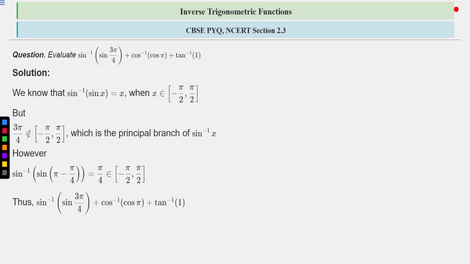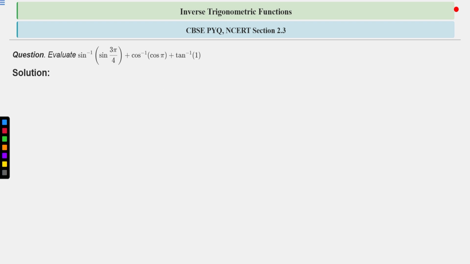Thus sine inverse sine 3 pi by 4 plus cos inverse cos pi plus tan inverse 1 can be written as sine inverse sine of pi minus pi by 4, plus pi plus pi by 4, because cos inverse cos pi is equal to pi and tan inverse 1 is equal to pi by 4.